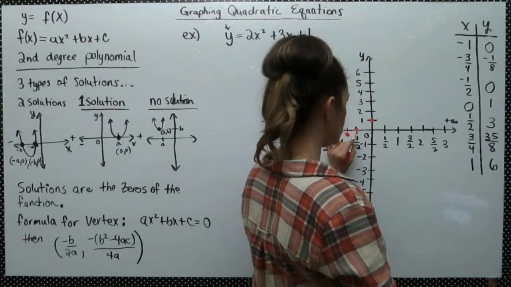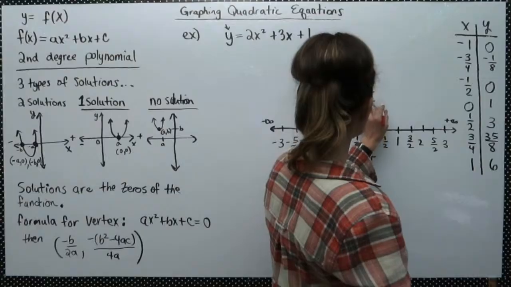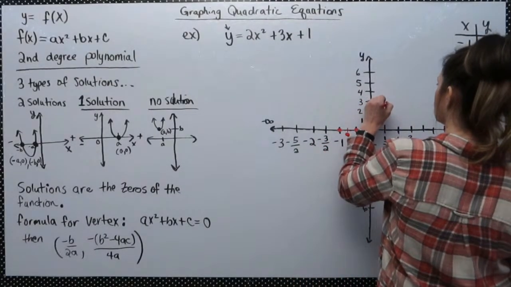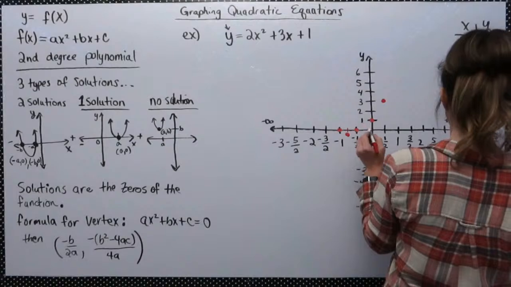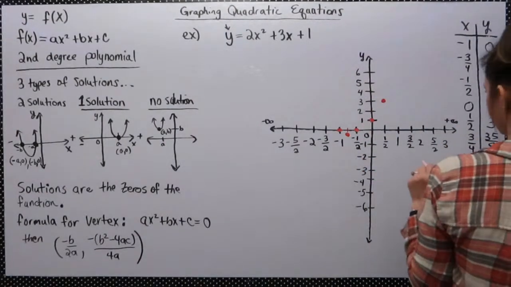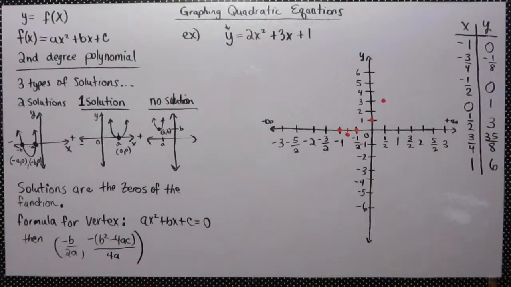-1/2, 0 is on there. 0, 1 is on there. 1/2, 3 is on there. 3/4. What's 35 eighths? 4.375. Is that right? Hang on. 35 eighths. Yeah, it is.